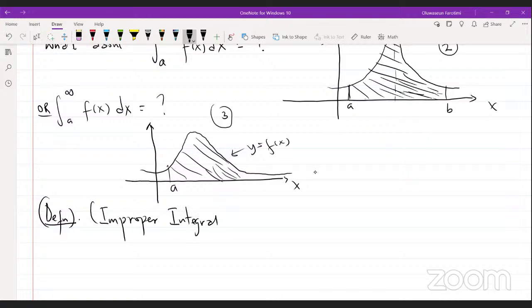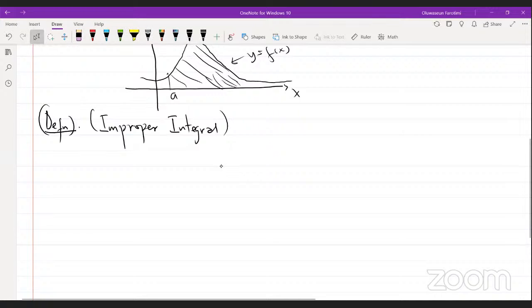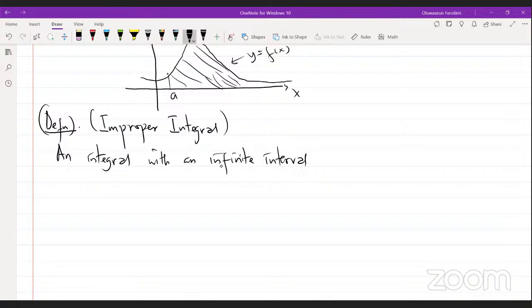Let me make this definition by letting you know that an integral with an infinite interval, let me give you an example, that is A to infinity, from negative infinity to B, and then from negative infinity to infinity.